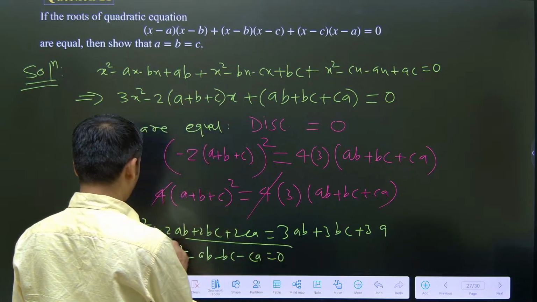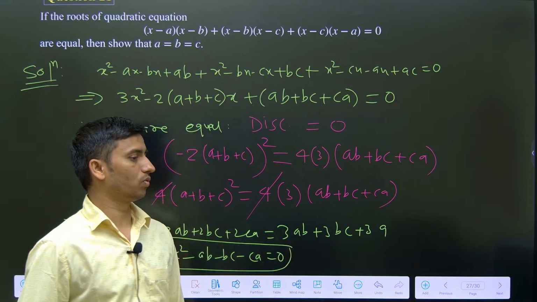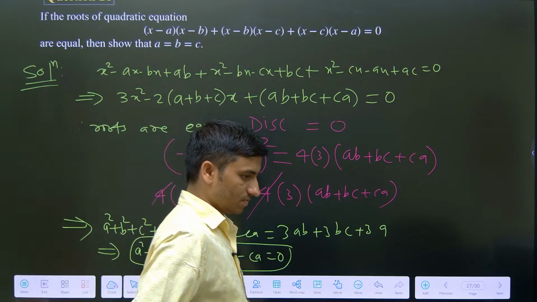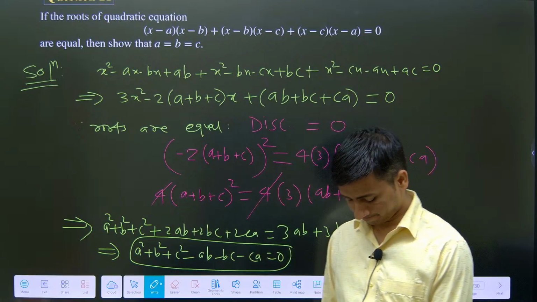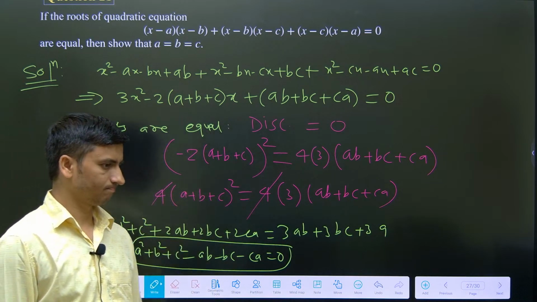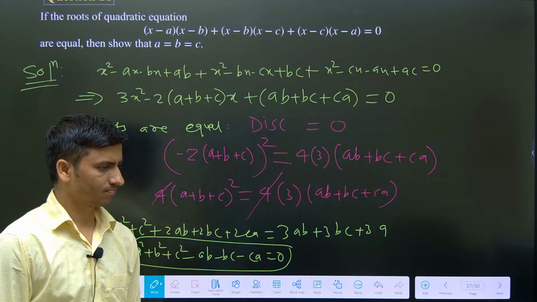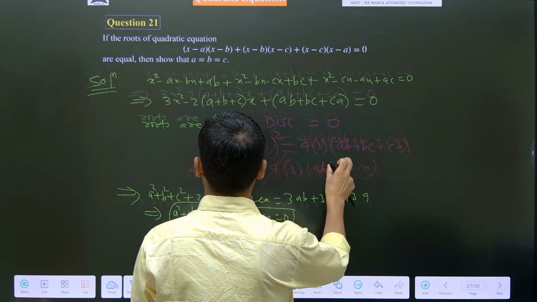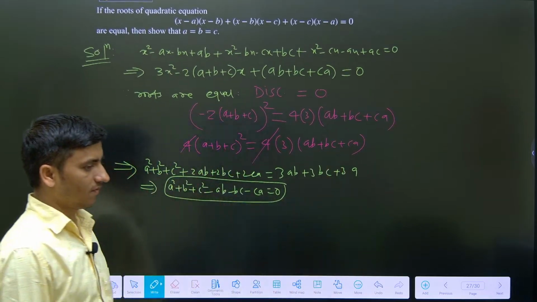Now guys, tell me what to do after this. How do we prove that a is equal to b is equal to c? Which concept shall we apply after this? How do we simplify it after this?